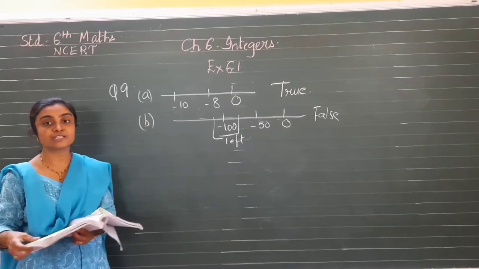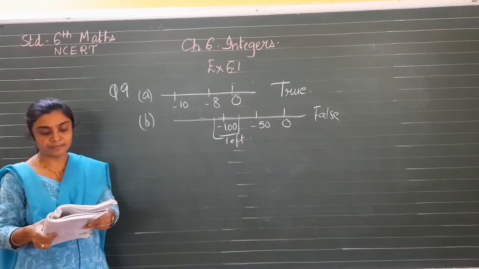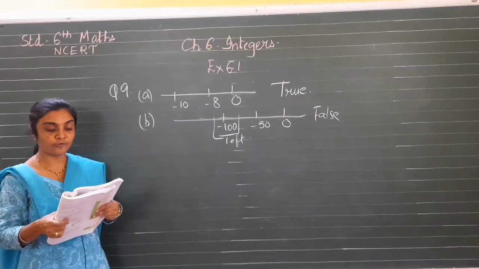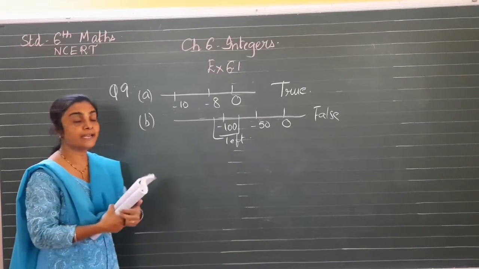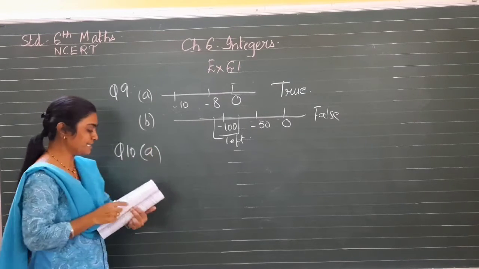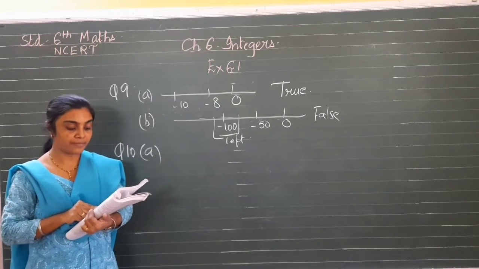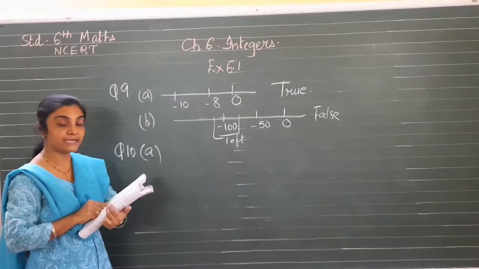Now let us move to the next question, number 10. Draw a number line and answer the following. So you have to draw a number line and write down the answer. The first one: which number will we reach if we move 4 numbers to the right of minus 2?